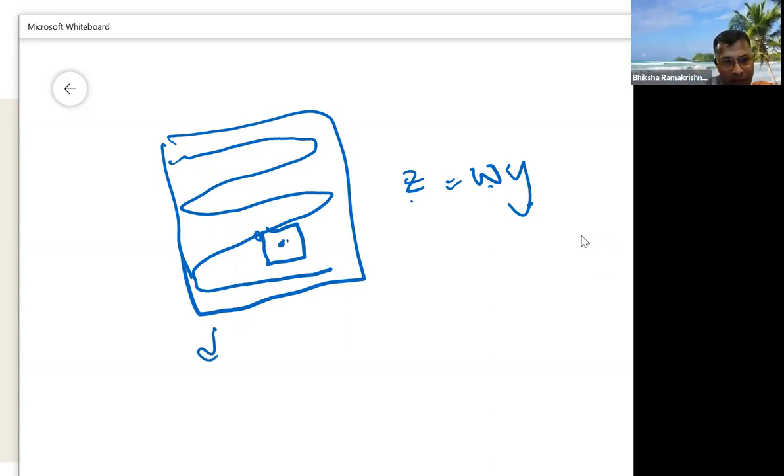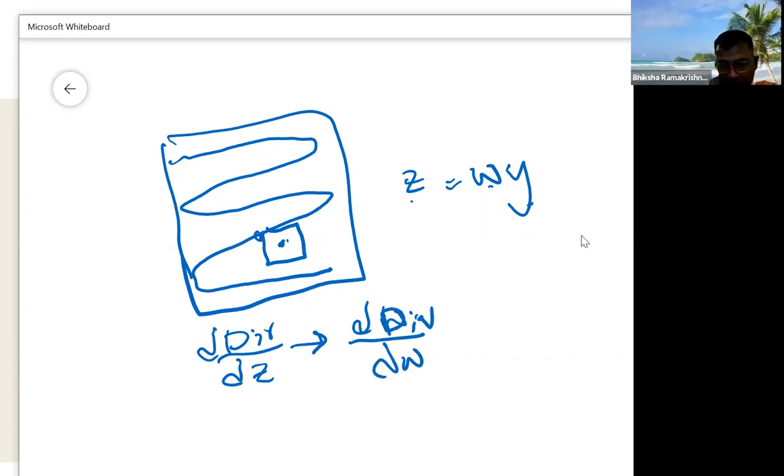And we already have d div over dz because we are backpropagating. So given this, I can easily say that d div over dw is going to have one component. The divergence is probably being affected by many things, but it's going to have one component, which is d div over dz times dz over dw, right?